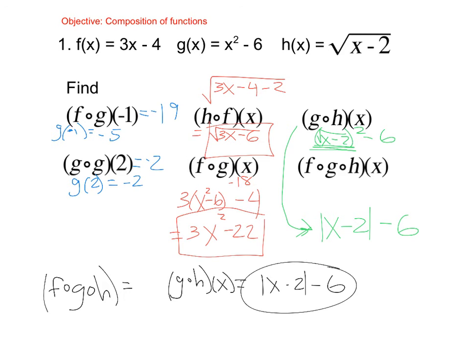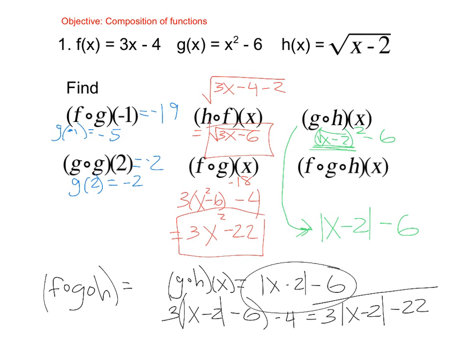So we're going to take this and plug that into f. So it's 3 times the absolute value of x minus 2 minus 6, minus 4. So we get 3 times the absolute value of x minus 2, minus 22. And that is your final answer.